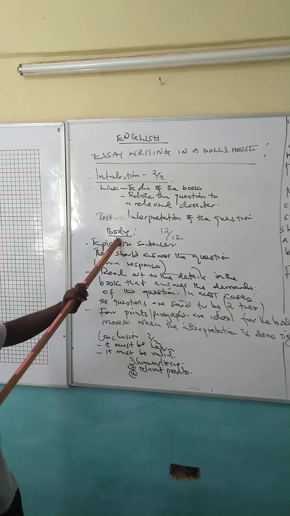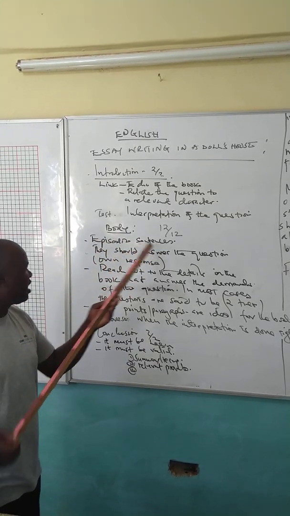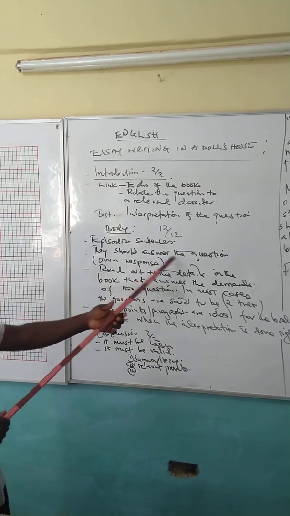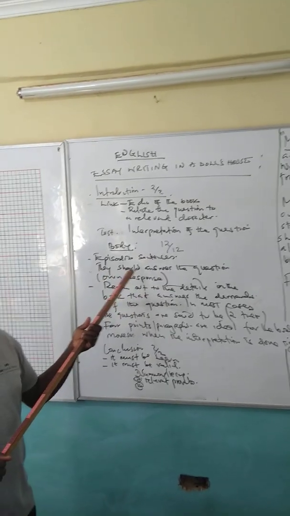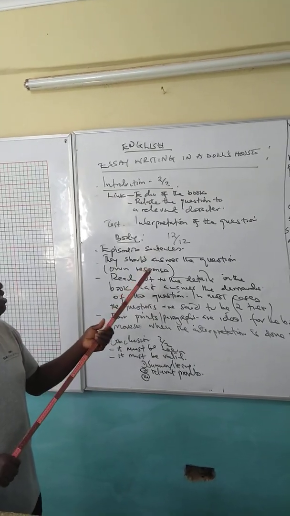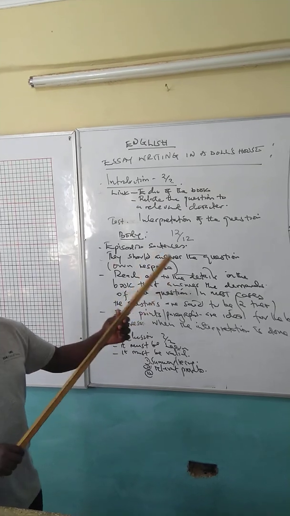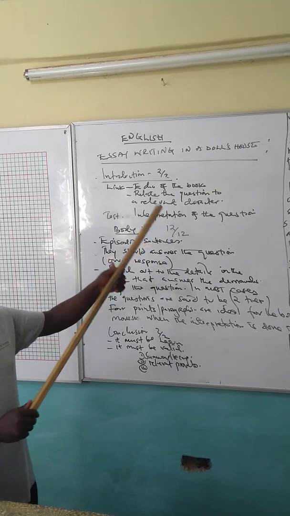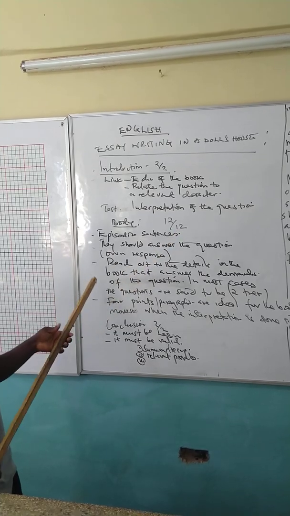Then straight away we go to the body, which needs topic sentences which should answer the question. And by the way, this is a candidate's own response. So each and every candidate will have his own response, but all in all, given that the interpretation should be uniform, all of them should be pointing to one thing.